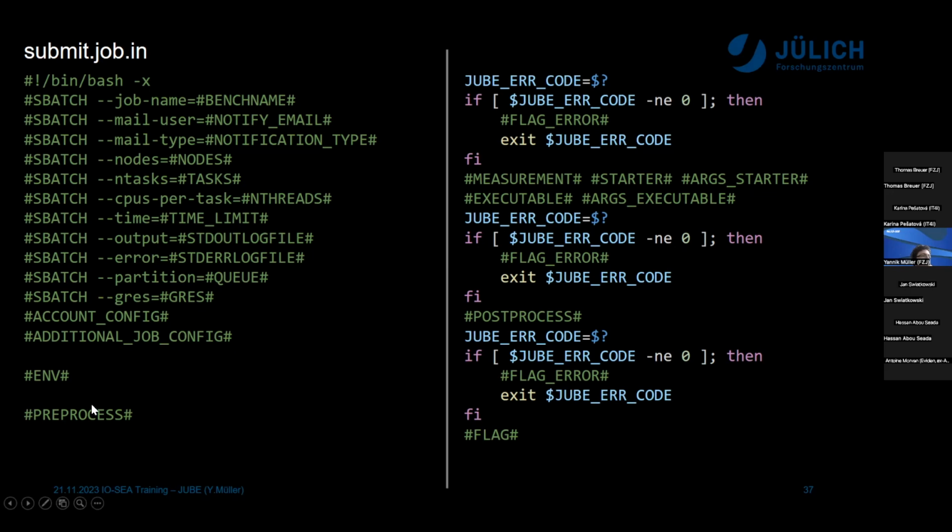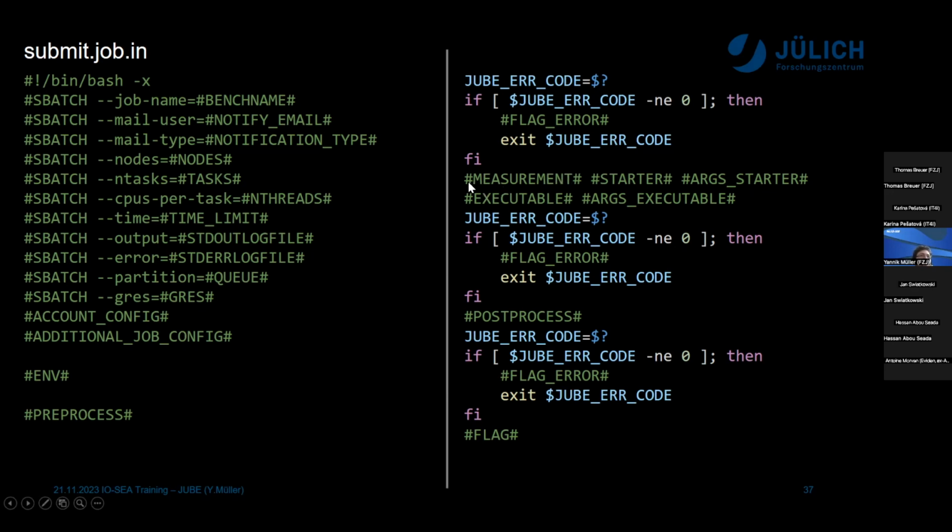Then we have some preprocess. I guess the name explains itself. And then in the main part here, after the preprocess, it's already checking, hey, was this successful? Because if not, I don't need to run the job anymore. It's just putting the error flag in.